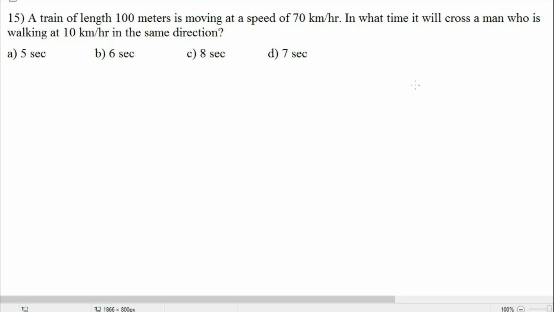They are moving in the same direction, so relative speed equal to 70 km per hour minus 10 km per hour. Relative speed equal to 70 minus 10 equal to 60 km per hour.